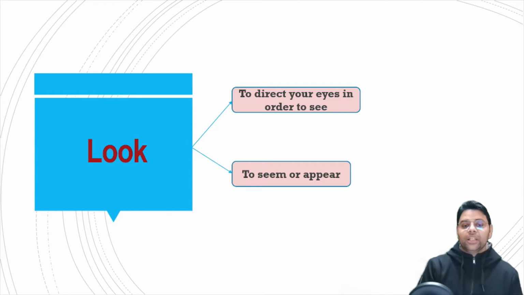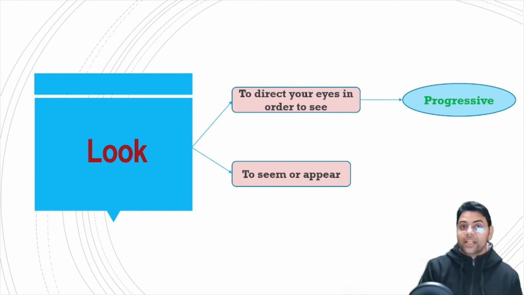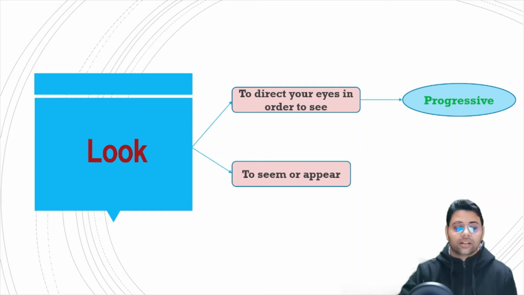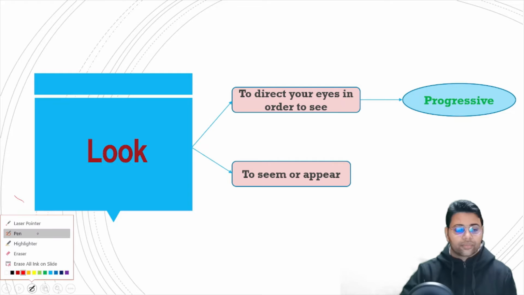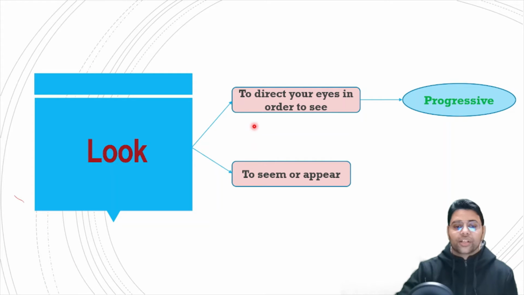So when the meaning of look is to direct your eyes in order to see, in this sense the verb is progressive. In this sense, to direct your eyes in order to see, look is progressive.